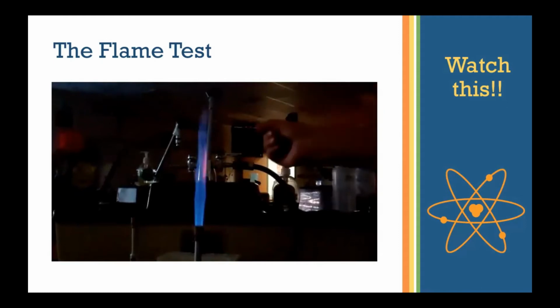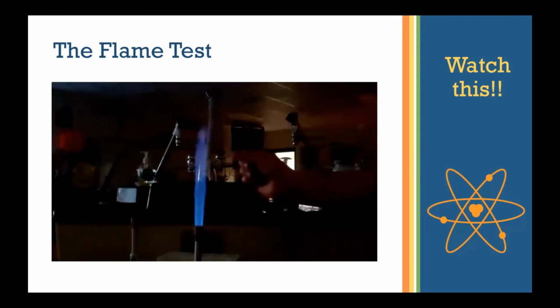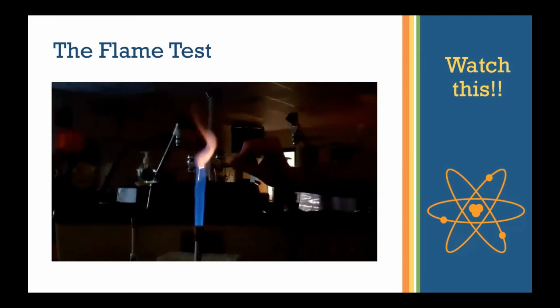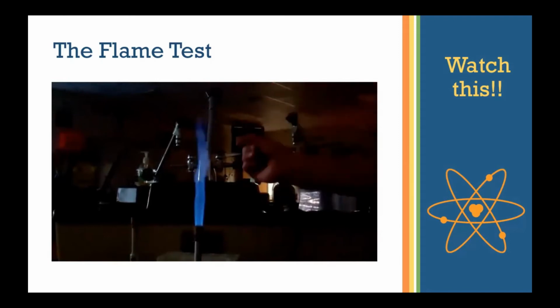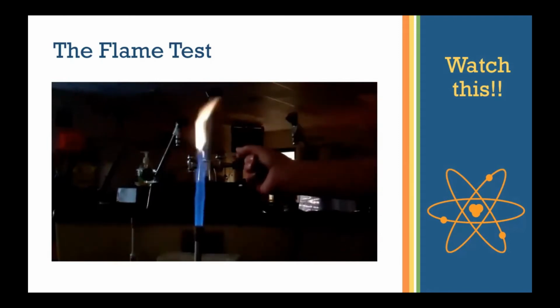The longer you hold it in there, the longer the chance that it's going to burn off. So that initial color that you first witnessed when you put your substance into the flame is what you should be observing. So it gives the yellow-green color.